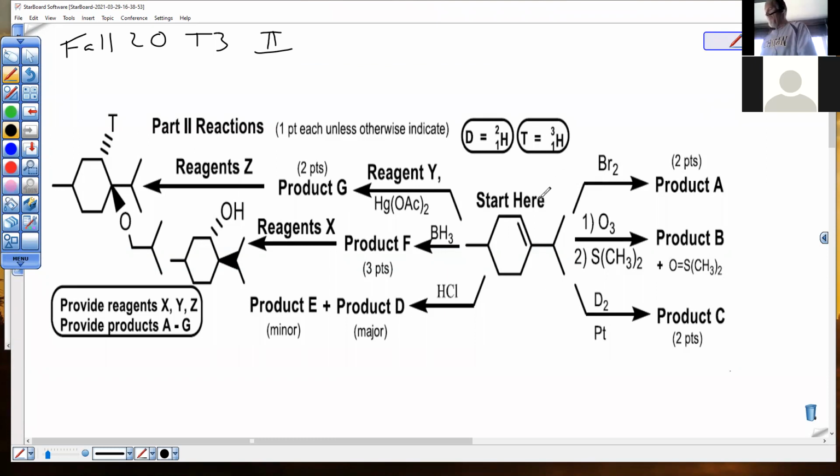So let's deal with a simple one first. HCl, that's our first reaction we studied. The major will be the Markovnikov with the more electronegative halogen here, less electronegative hydrogen there.